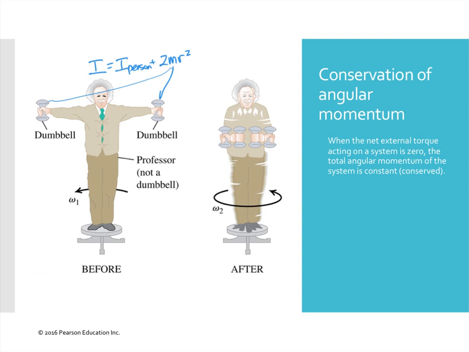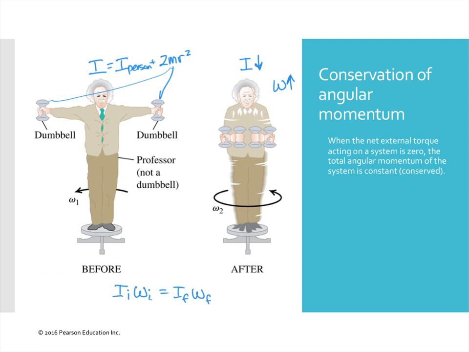When the person pulls in their arms and as a result pulls the dumbbells into a much shorter distance from their axis, the moment of inertia decreases, which means then their turn rate will increase, because the idea is your initial moment of inertia times your initial angular velocity is equal to your final moment of inertia times your final angular velocity.